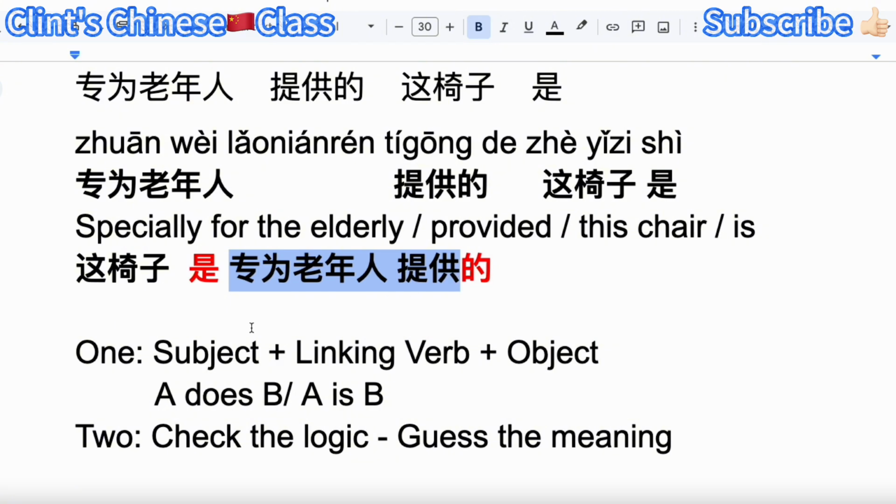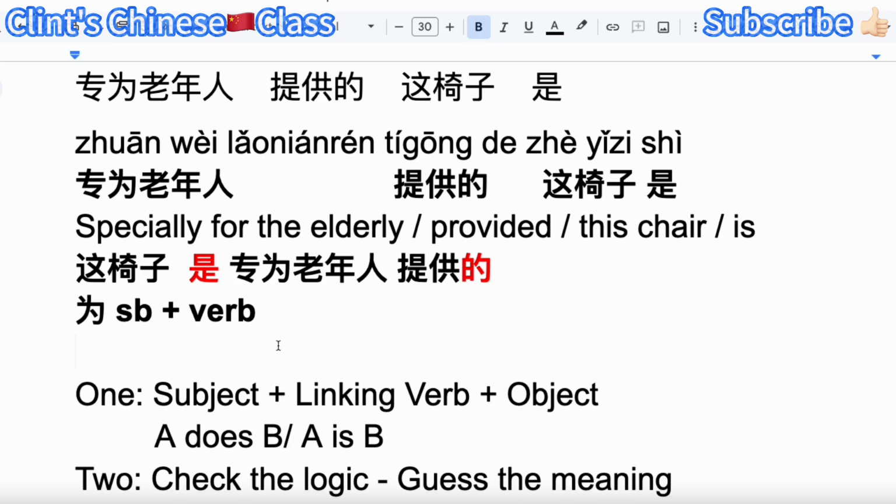Inside this emphasis, the structure is 为, which means for, a preposition, right? 为 somebody plus verb. Okay. For example, here the verb is provide, meaning provide for somebody.